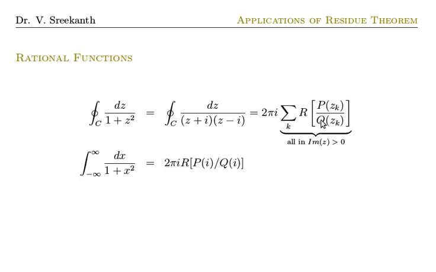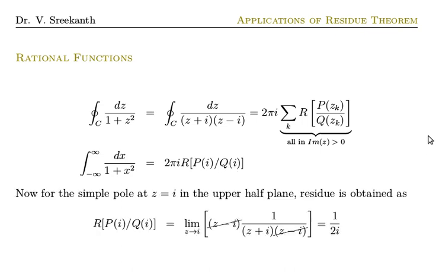And in our case, we just need to consider this pole, z equal to i, because z equal to minus i is not in the upper half plane, and we are only considering the upper half plane for this purpose, right? So this is nothing but the real integral from minus infinity to infinity dx by 1 plus x square, that is 2 pi i times the residue at p of i by q of i, right?